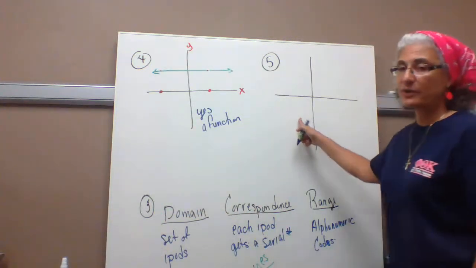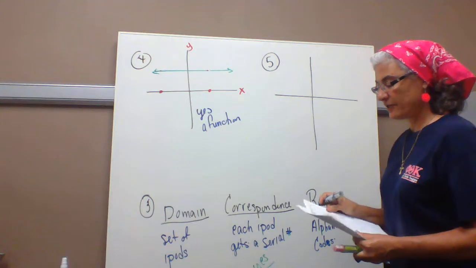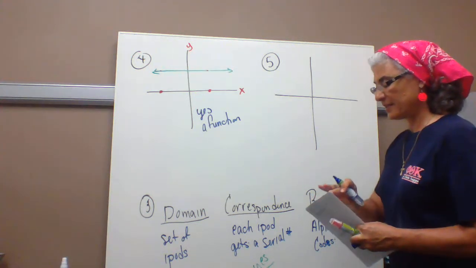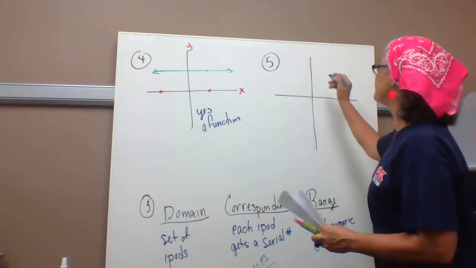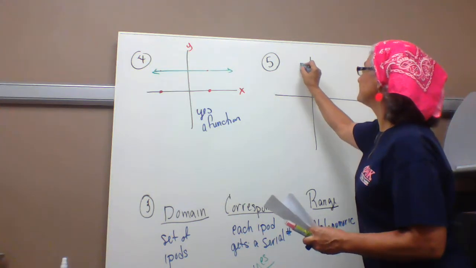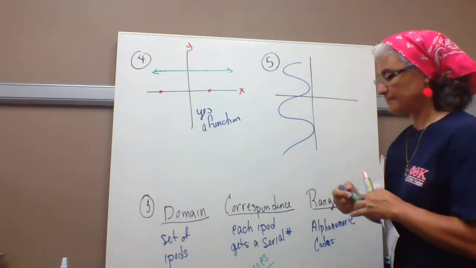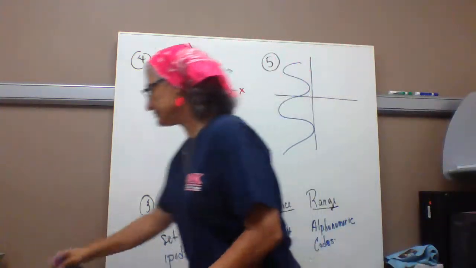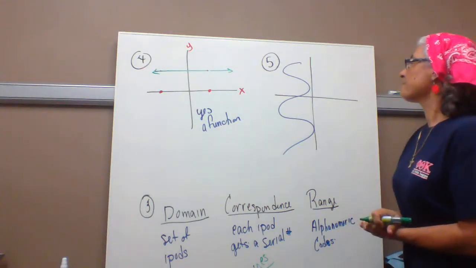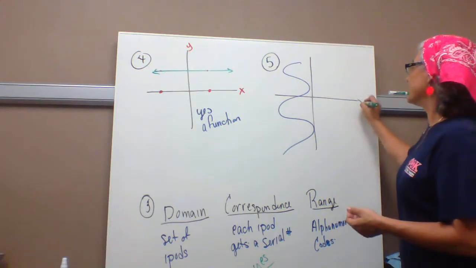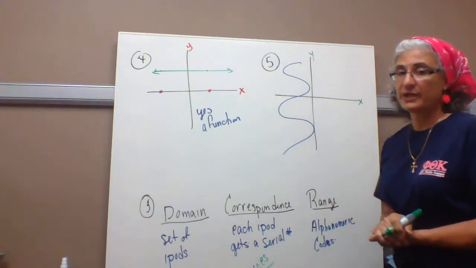Here is my coordinate plane. And in this case, my graph is going to look something like this. Now, again, my x's are the input, my y's are the output when I graph.